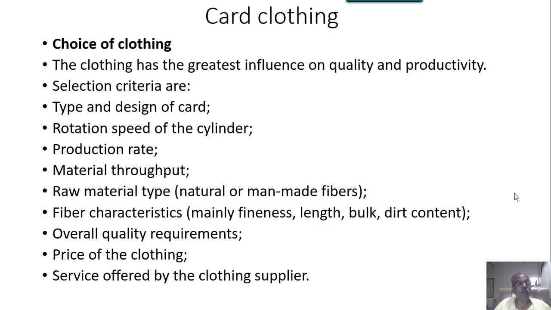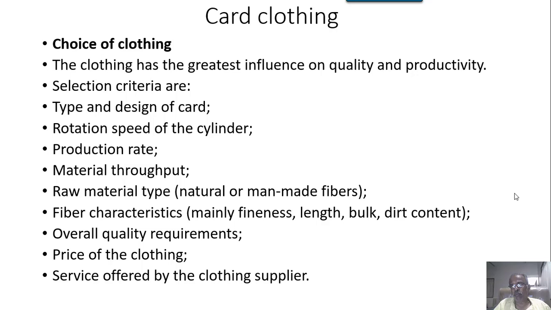So rotational speed, production rate, material throughput, raw material type, natural or man-made fiber, fiber characteristics, overall quality requirements, price of the clothing. Of course, this is the managerial aspect, and service offered, again this is the managerial aspect. So up to the overall quality requirement, the choice of the clothing depends.